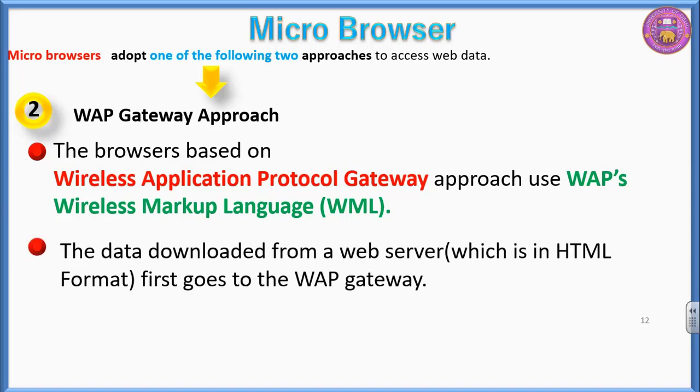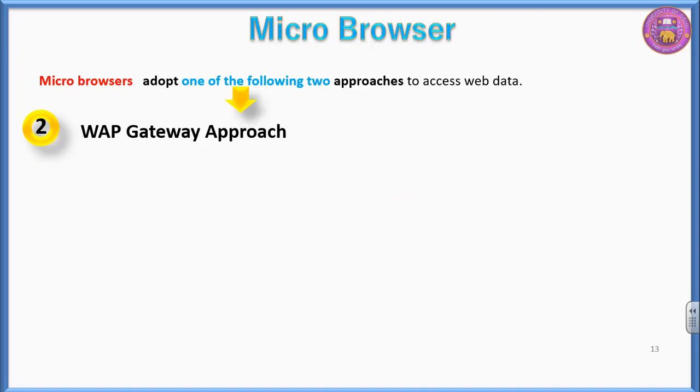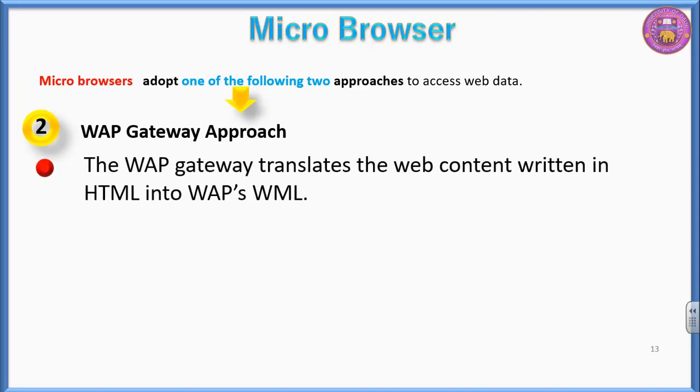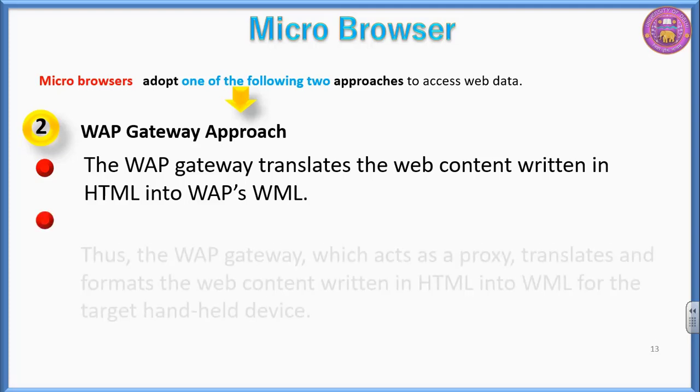The data downloaded from a web server which is in HTML format first goes to the WAP gateway. The WAP gateway is a computer which will convert HTML written pages into wireless markup language. The WAP gateway translates the web content written in HTML into WAP's wireless markup language.